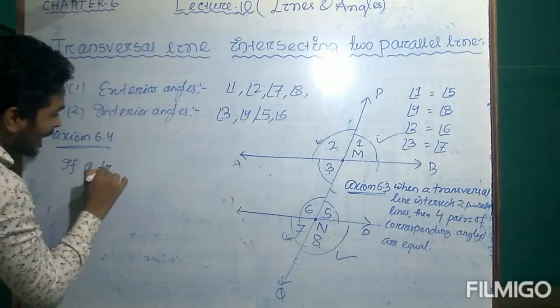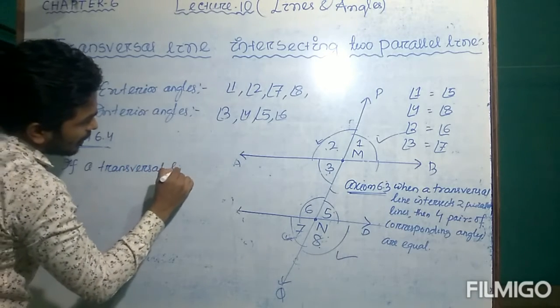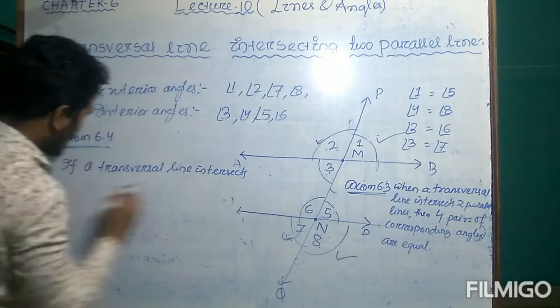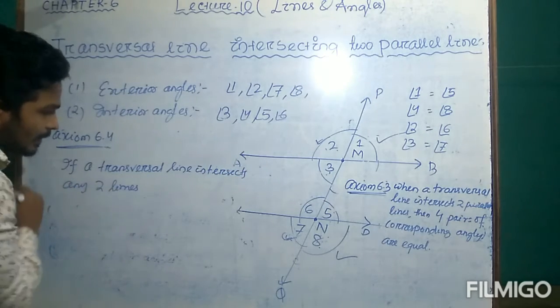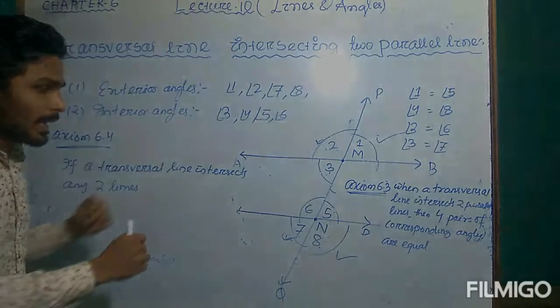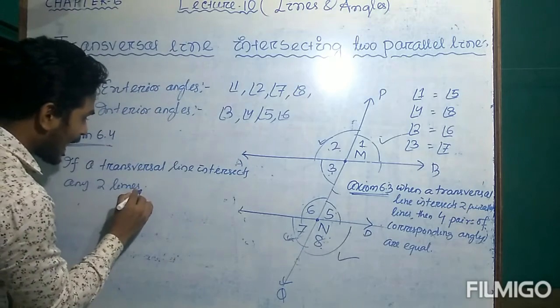Right? So the statement is, if a transversal line intersects any two lines, here it is not mandatory that the two lines are parallel. No, simply the transversal line intersects any two lines, right?